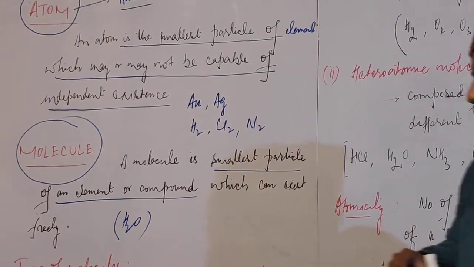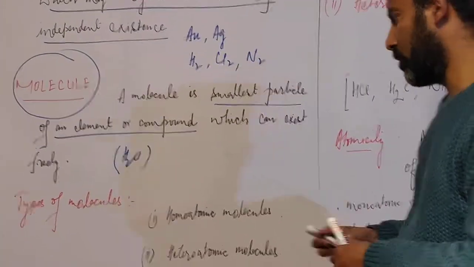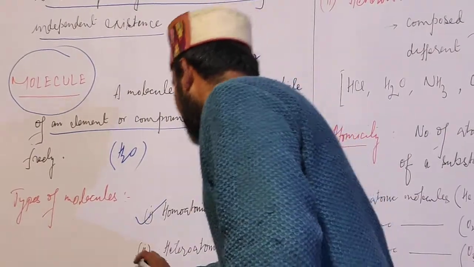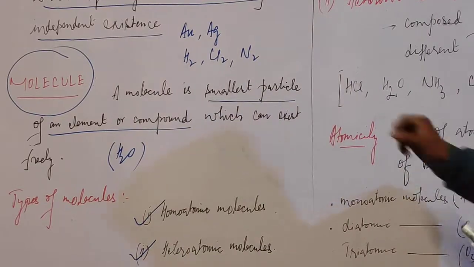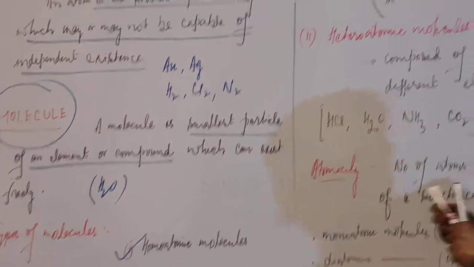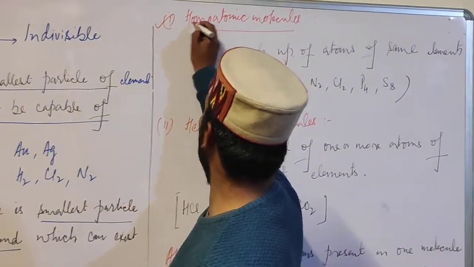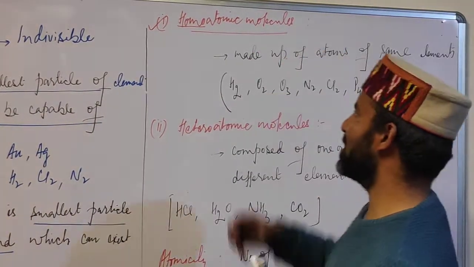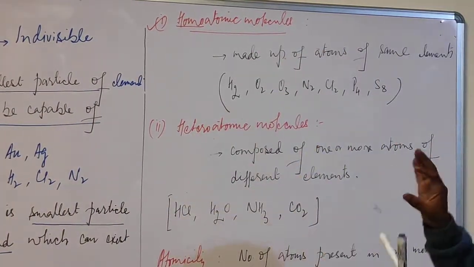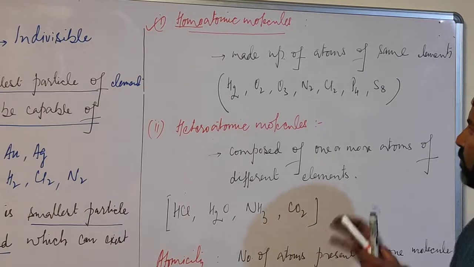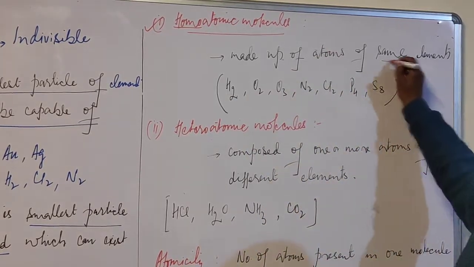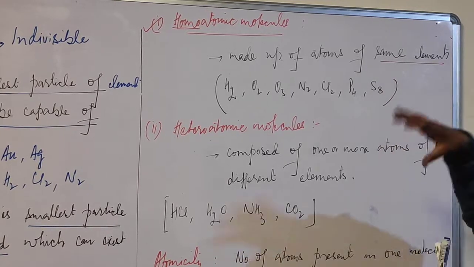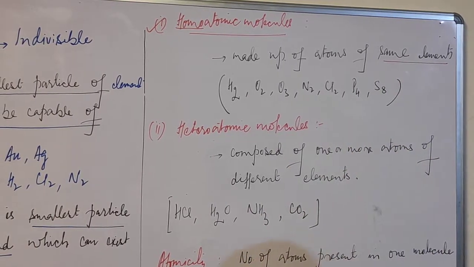Now we have two types of molecules: homoatomic molecules and heteroatomic molecules. So students, first we will discuss homoatomic molecules. The word homo means same, so these are those molecules which are composed of atoms of the same element. That means only one kind of atom is present in homoatomic molecules.